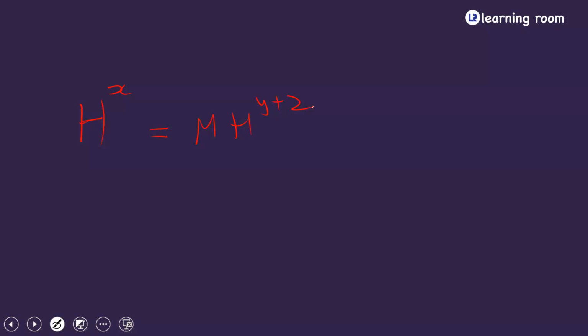So when I have a similar quantity on the LHS and the RHS, I can equate their powers. Equating powers of H, X is equal to 5 plus 2. Understood? Because the same quantity is on both sides, I can say their powers are equal.